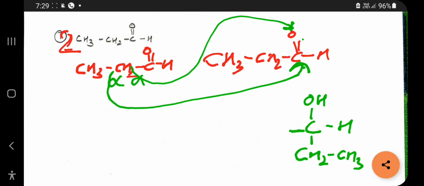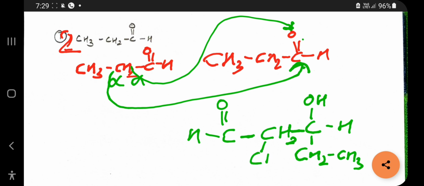Here it is getting attached here, so CH2, C double bond OH, below CH3. This CH3 is here.